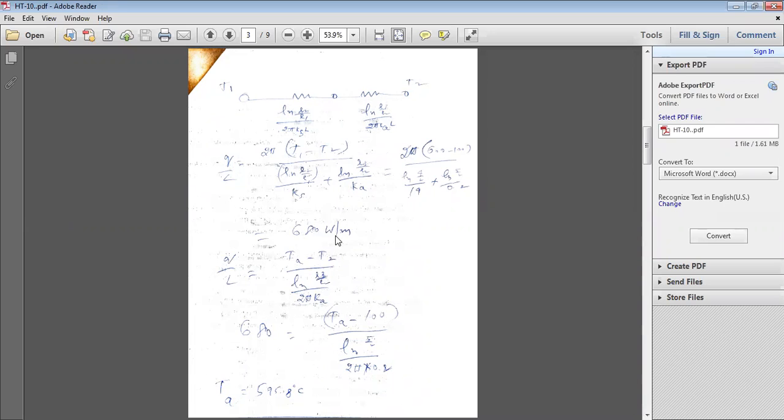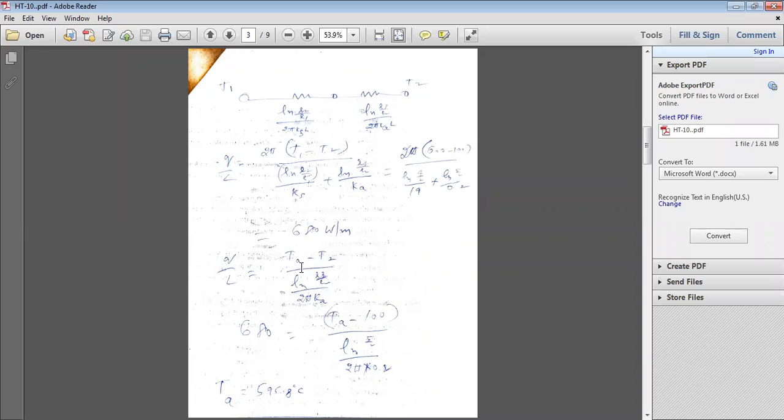If you calculate 2 pi into 600 minus 100 divided by Ln 2 by 1 divided by 19 plus Ln 5 by 2 divided by 0.2, the heat transfer rate per unit length, Q by L, is 680 watt per meter.